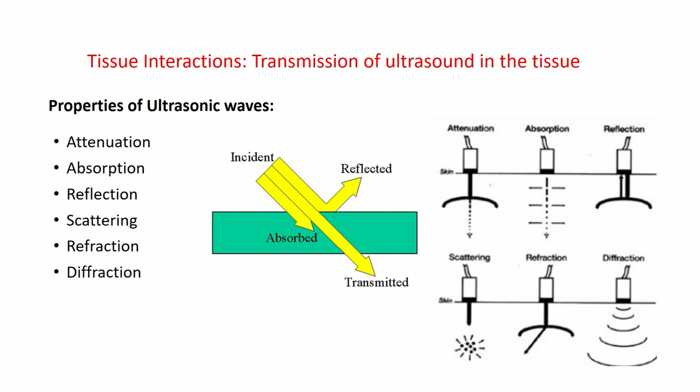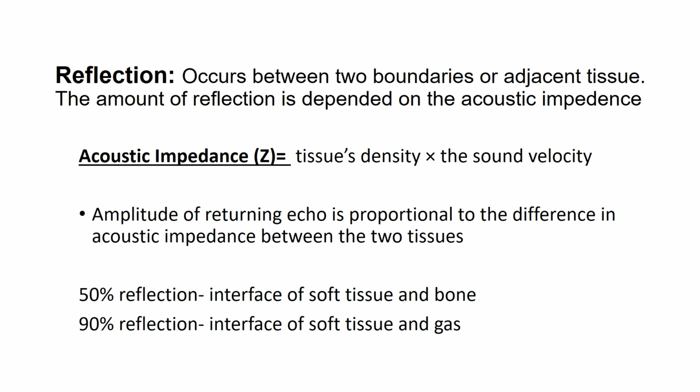Next is reflection. Reflection is a common property of the ultrasonic wave which is used in diagnostic ultrasonography. Other properties like scattering, refraction and diffraction cause artifacts in the ultrasound.